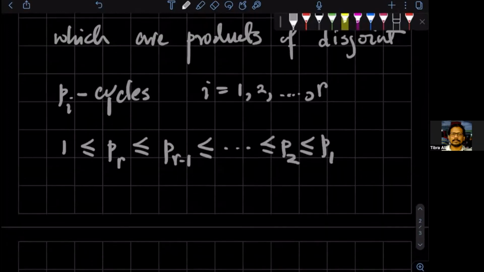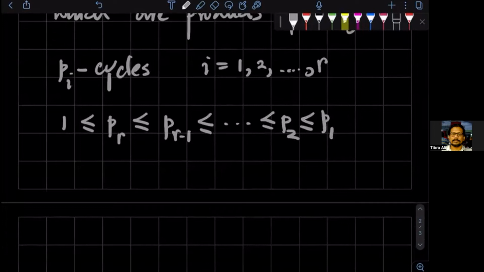And of course, what they need to satisfy is that all the cycles, when you add them, must give you n. So the sum of the pi from 1 to r must add up to n, right? Okay.